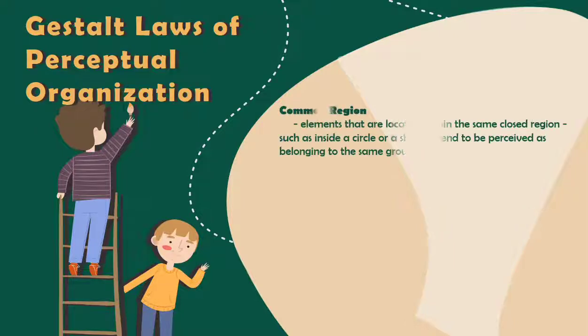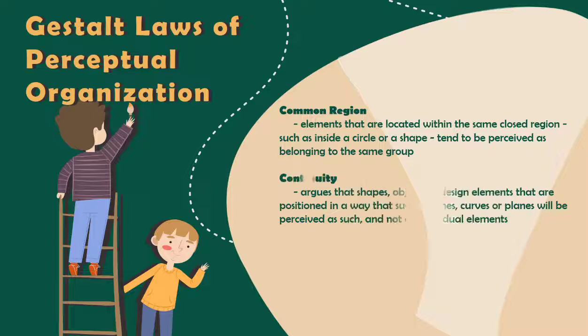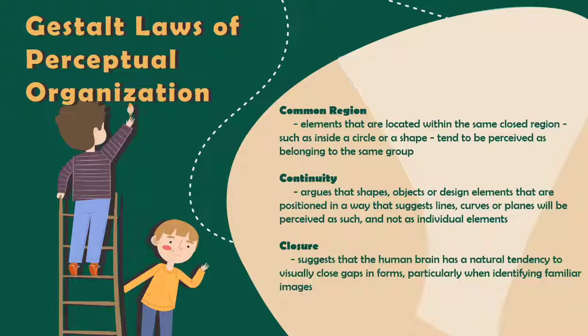While in the common region, this law proposes that elements located within the same closed region, such as inside a circle or a shape, tend to be perceived as belonging to the same group. Those clearly defined boundaries between the inside and the outside of a shape create a stronger connection between elements.